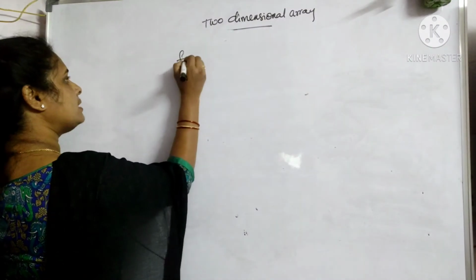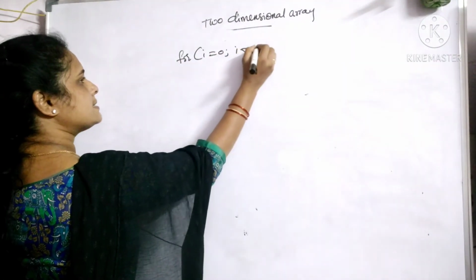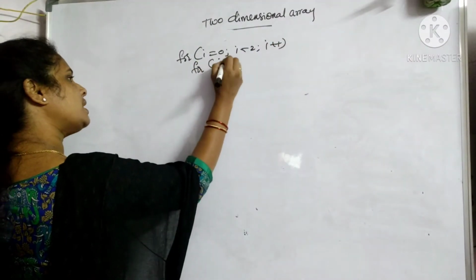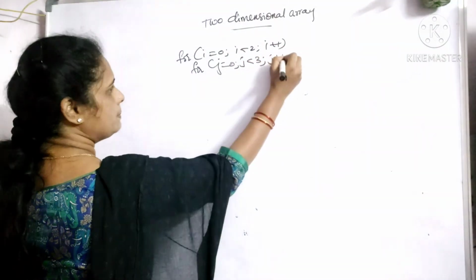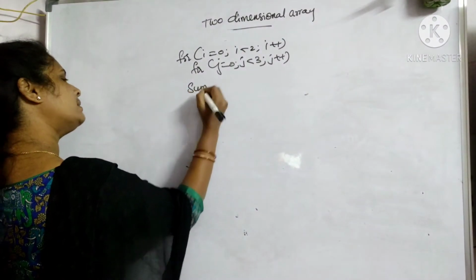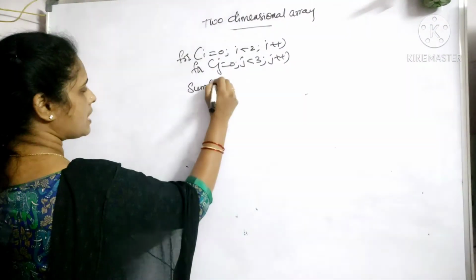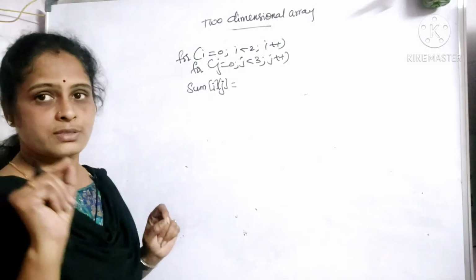So again I need to write a for loop for i equal to 0, i less than 2, i plus plus, and for j equal to 0, j less than 3, j plus plus. When this is the case, what should happen? It has to calculate sum[i][j] is equal to, here i is row and j is column.